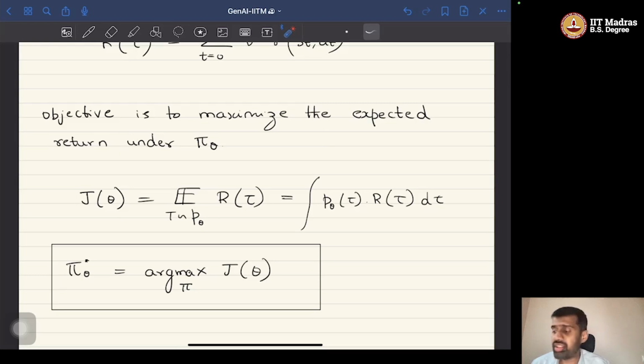Now, this is the primary objective function of any of the reinforcement learning algorithms. Once we solve this optimization problem, what we get is a policy that would maximize the expected value of the discounted returns, which is one way to define a good policy.